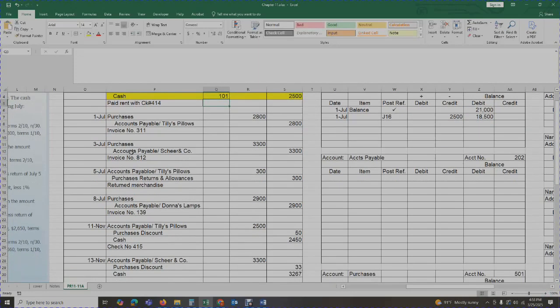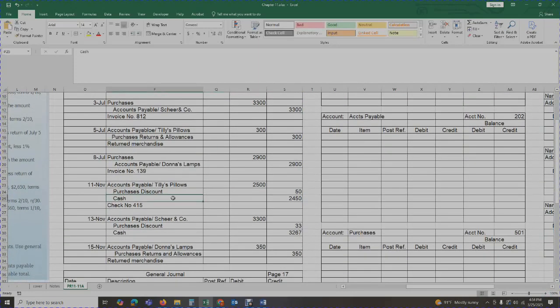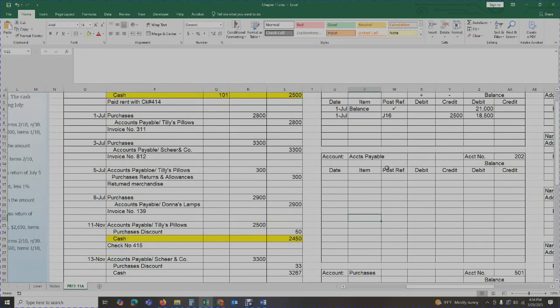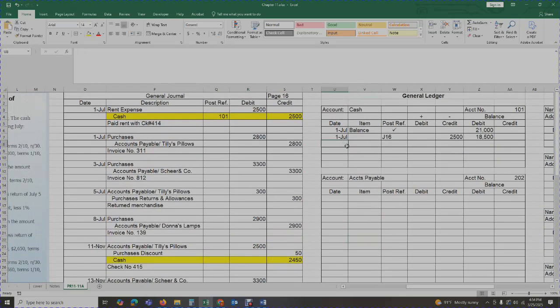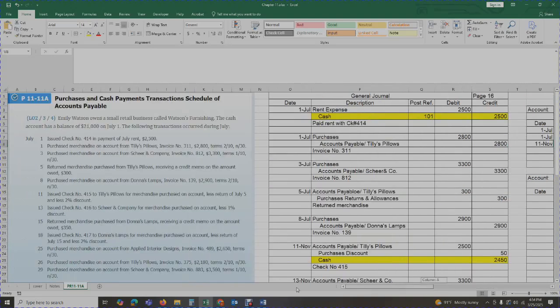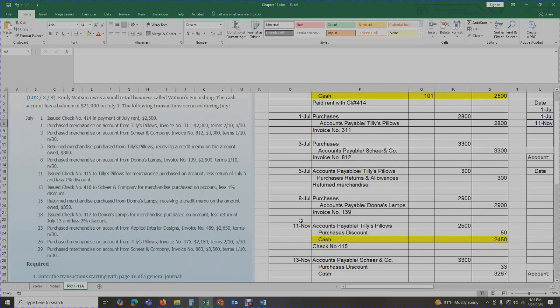I'm going to continue looking for anything that has cash. Here we have cash again. We have an entry for $2,450 credit. I'm sorry, not November. They should be July. I don't know why I'm putting November. All of these should be July.